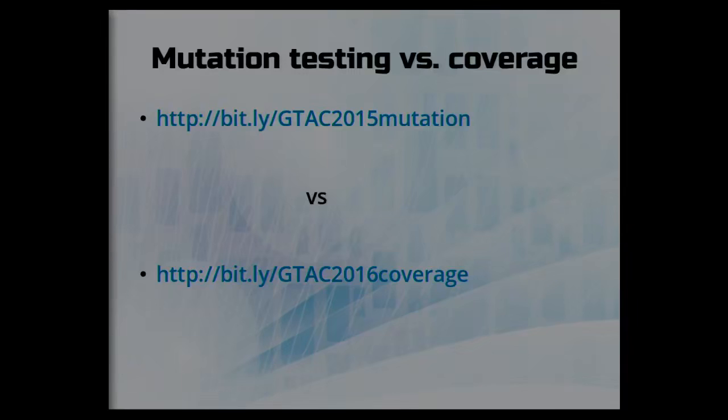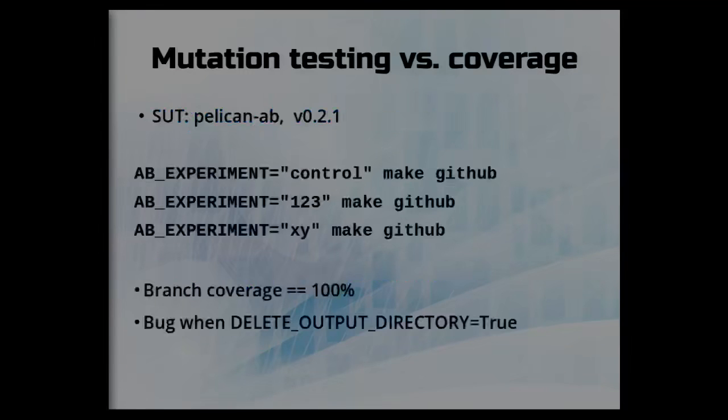They say the problem with mutation testing is it is very expensive to compute, and in their research it gave only an additional 4% of information, which you didn't know already compared to coverage. So they say, use coverage, don't use mutation testing. And I decided to do a small experiment and see which one of these researchers is right.